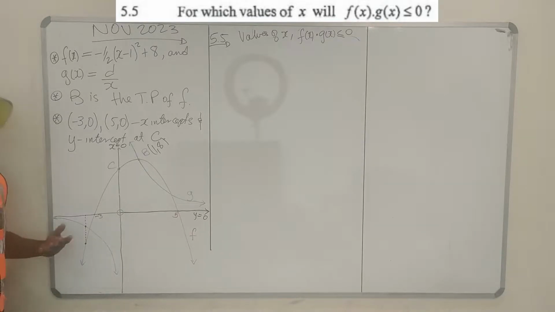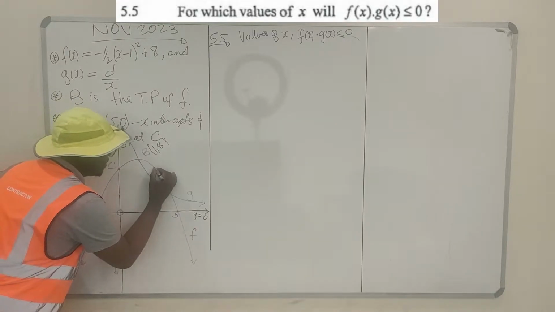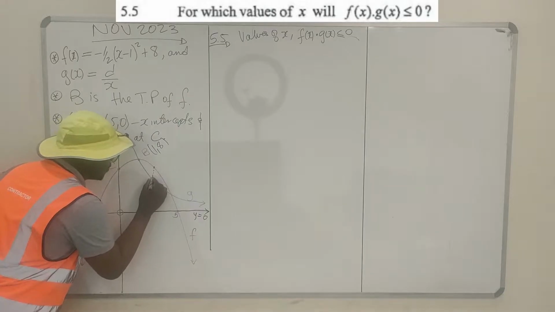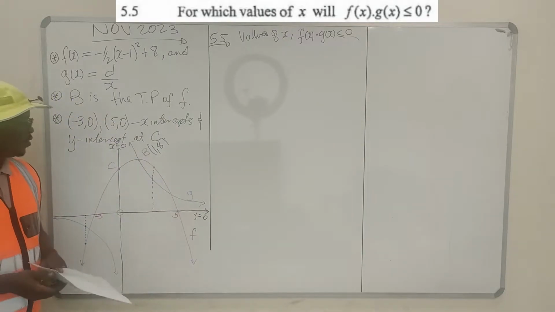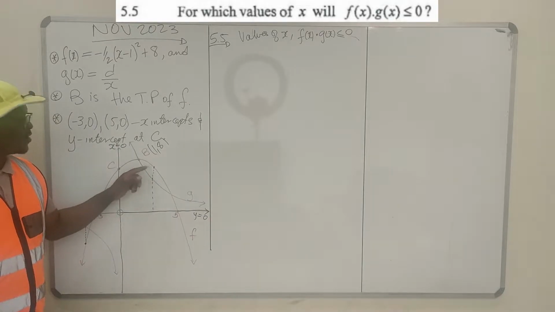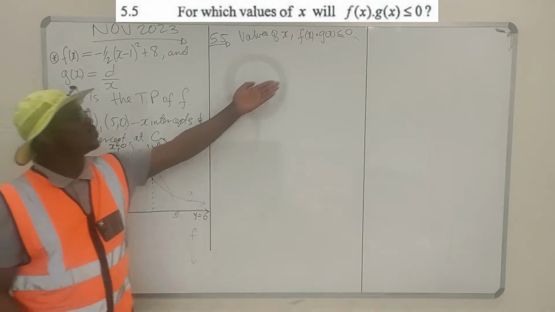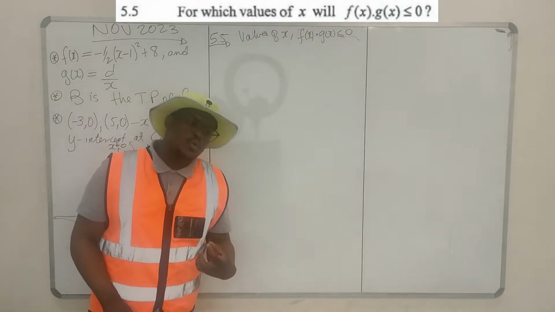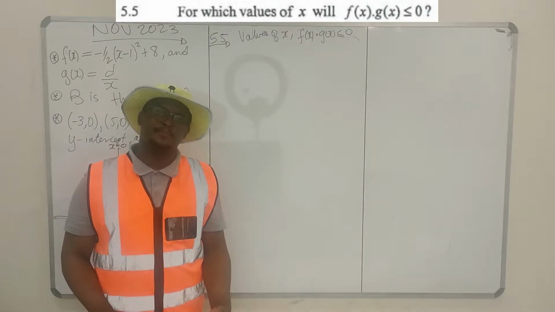So if you take a y value here and there, they should be directly above each other. If you take this y value and multiply that with that y value, the answer will be positive, which is not the situation that we're looking for. We want, when we multiply our y values, the product to be less than or equal to 0.